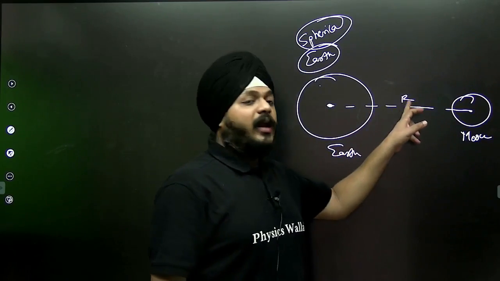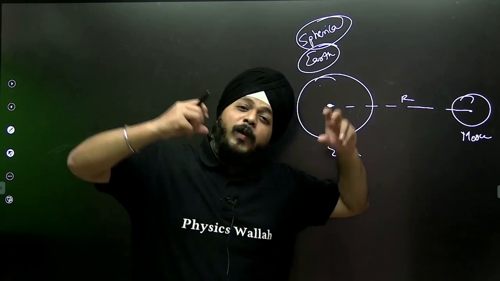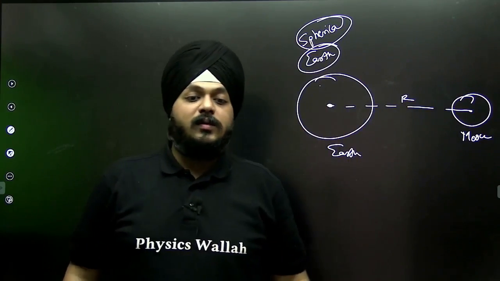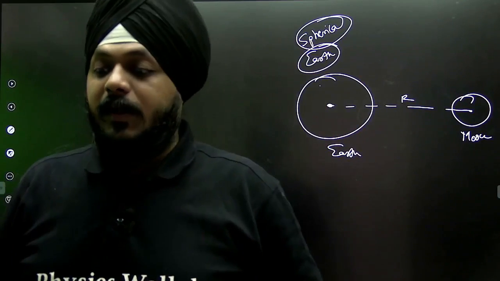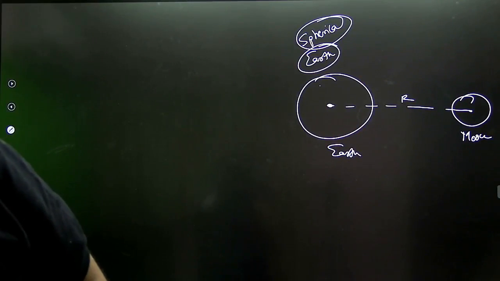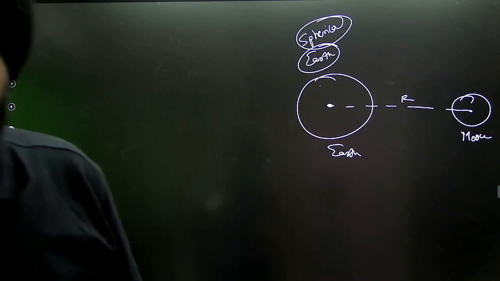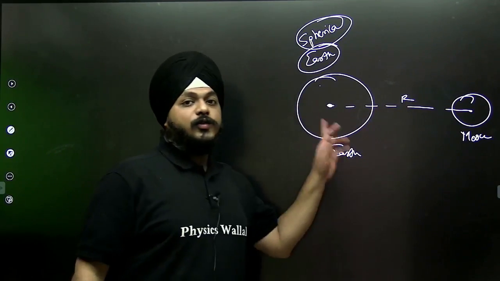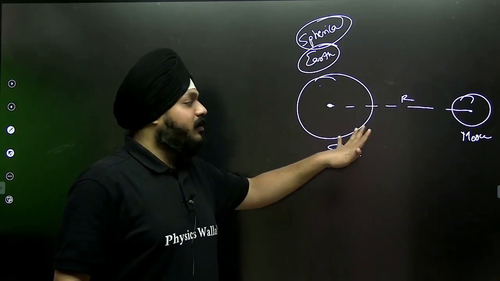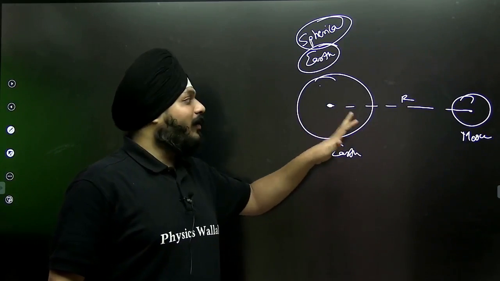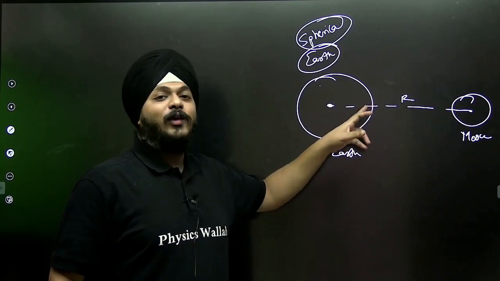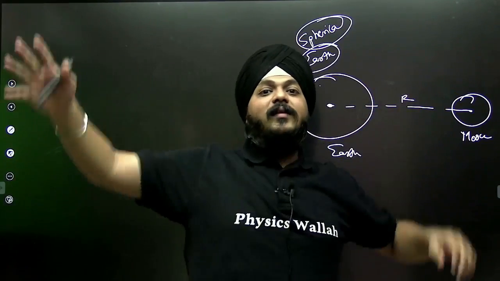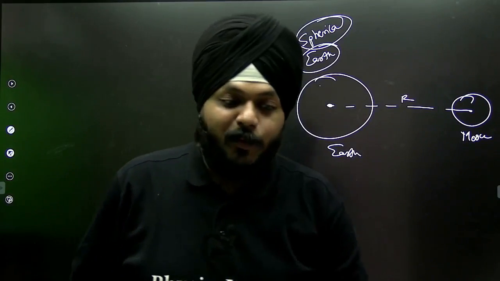If the distance between two particles is very large as compared to their respective dimensions, then and only then these two are considered as particles. But whatever the value of r is, it is not reaching up to infinity, so we can consider both as particles.